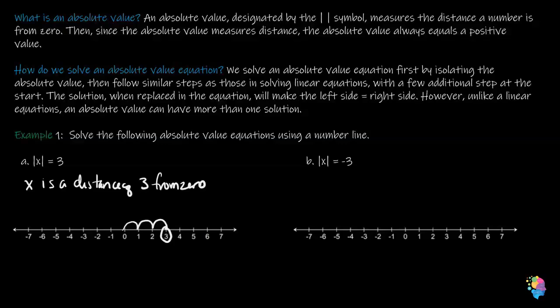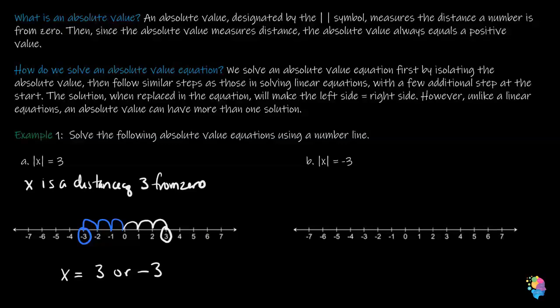The second one is -3, because -3 is also a distance of 3 from 0. That means that the x value can be 3 or -3. Let's try the next one.